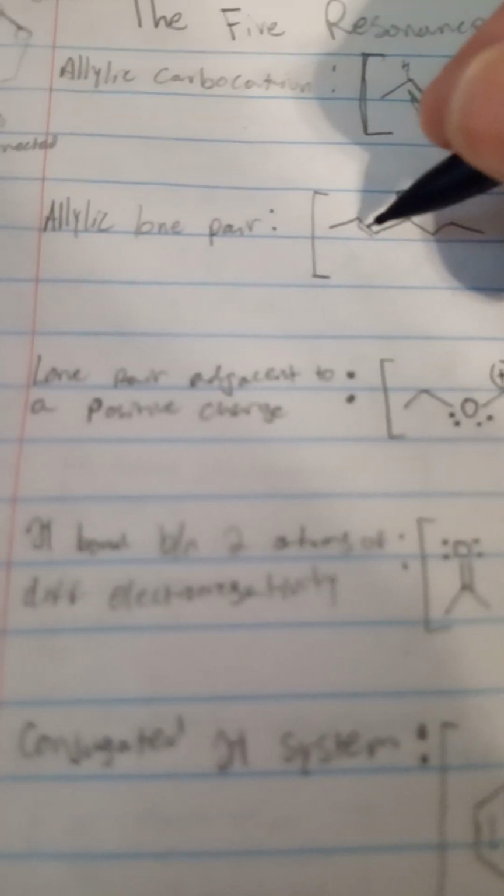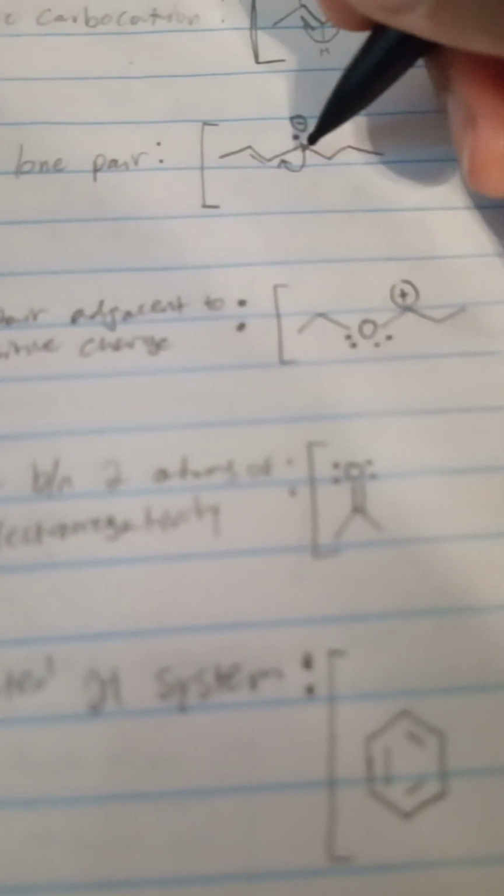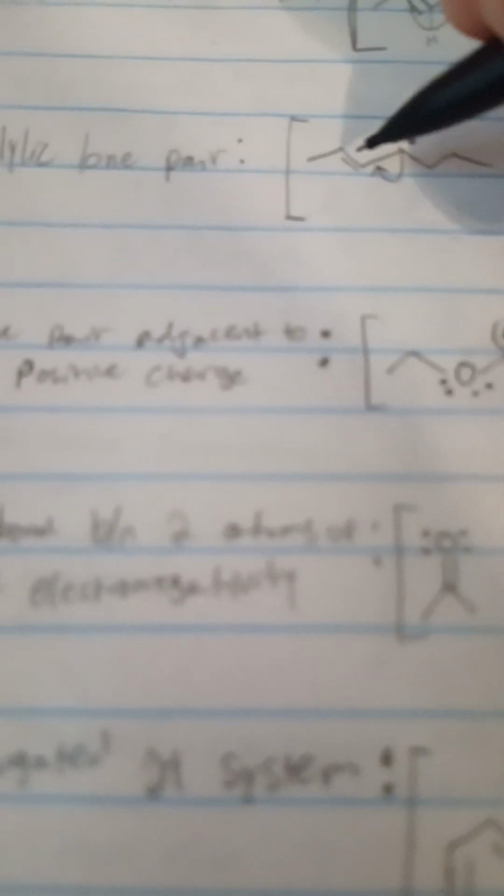So in this example, what will happen is the lone pair will move towards the pi bond to make a new bond between the carbon that the lone pair is resting on, and the carbon that it's connected to.